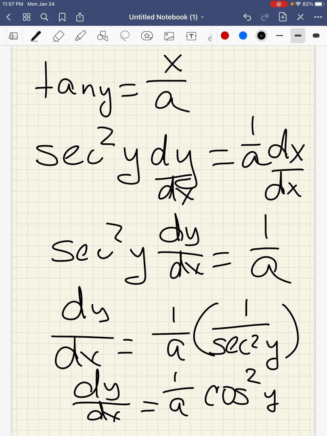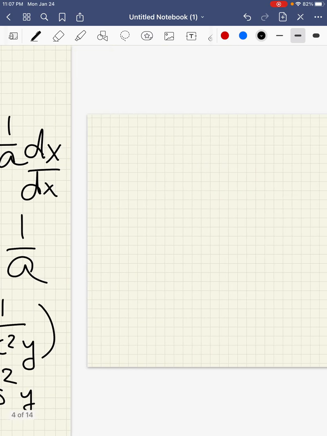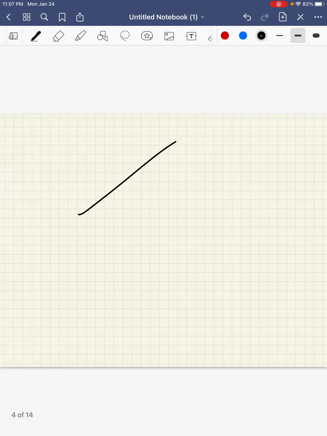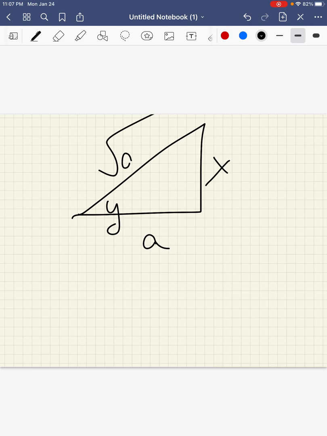And now if we go back to the triangle that we had, remember the triangle was like this. This was y. This is x, a. Square root of a squared plus x squared.